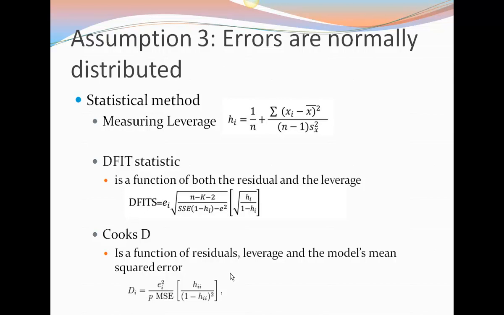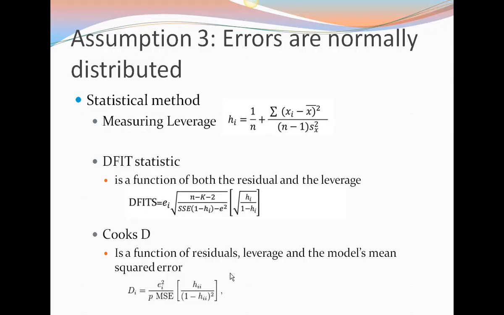So it basically tells you how spread out this one is from all of the others that we're looking at. The D-fit statistic examines the combined impact of that observation on the fitted values, and its comparison is 2 times the square root of the quantity k plus 1 divided by n.